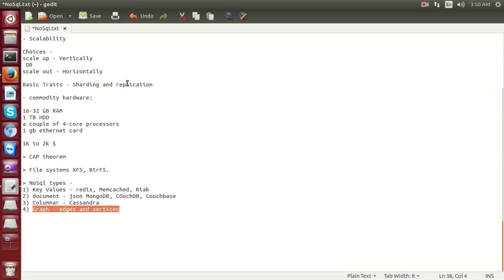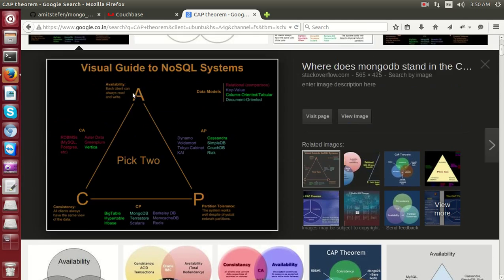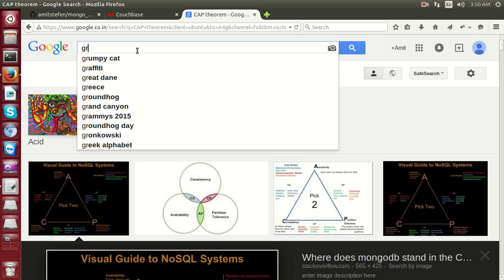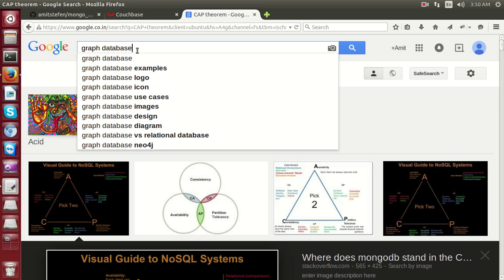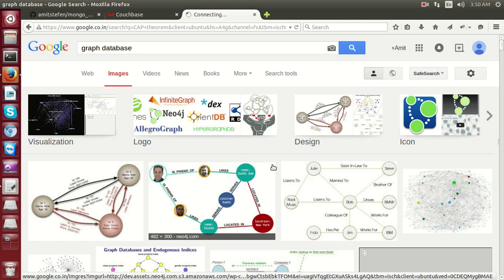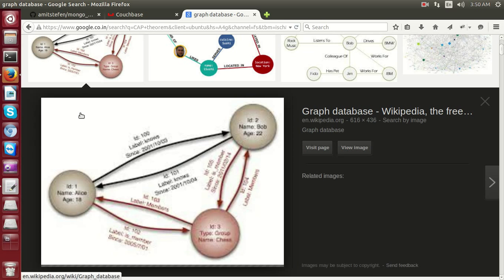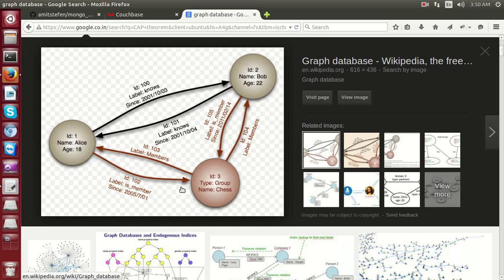A graph database is somewhat different to other databases that you might have seen. It consists of a concept called edges and vertices. So in the same place, let's just type graph database and get a basic understanding of what it could be. So what happens here is every entity is treated as a vertex.